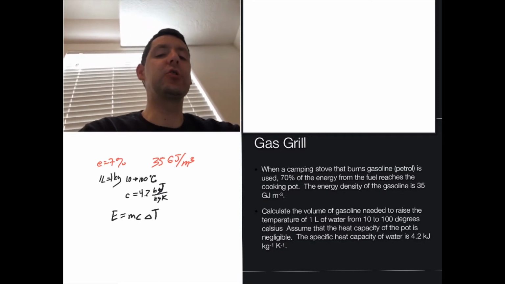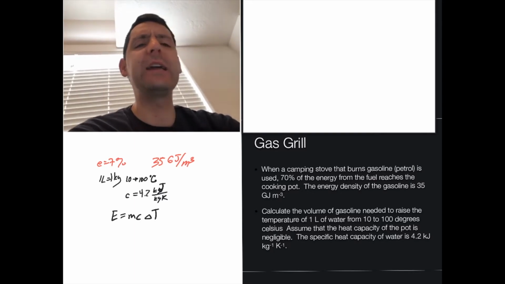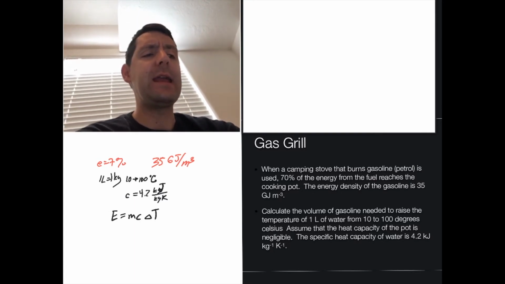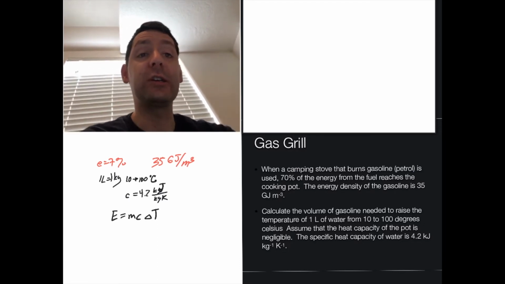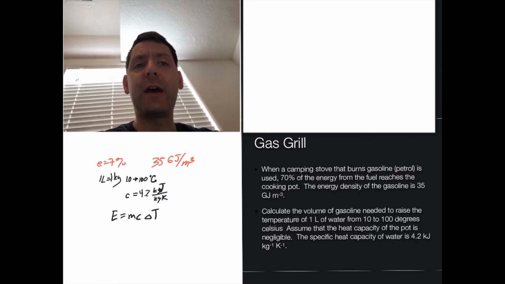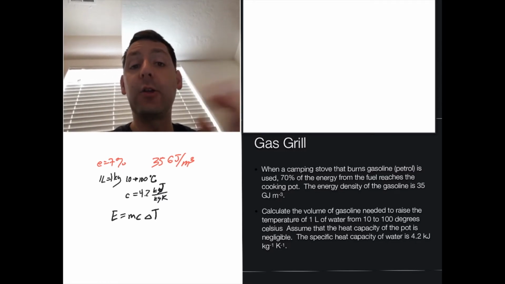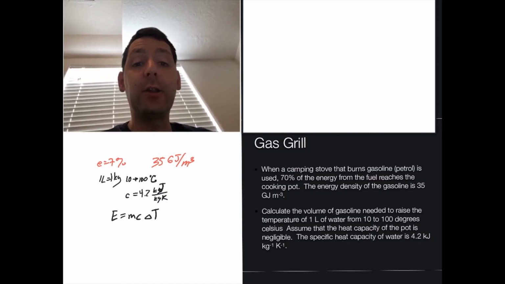Those relationships would be good to know. I assume that on an exam, if you needed it, they would give this to you. Actually, a previous question gave us the density of water, 1,000 kilograms per meter cubed, so 1 kilogram is 1 liter. We'll use that, which means we have 1 kilogram of water.